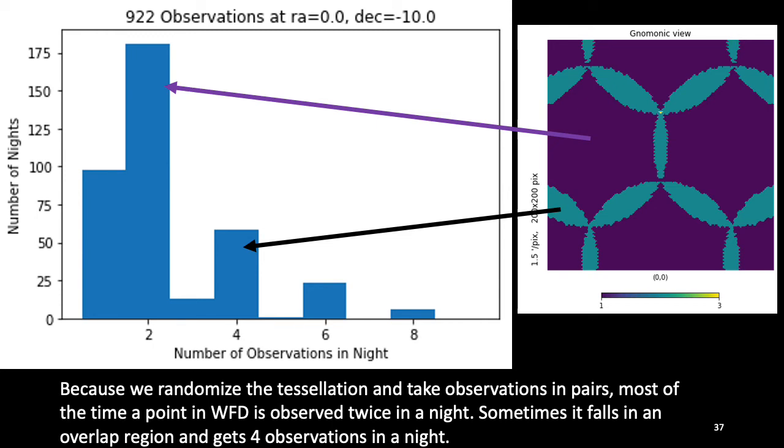Most of the time, it'll be in a purple region, in the central region, and we'll observe it twice because we're observing pairs. Sometimes it's in an overlap region, and so that overlap region gets paired, and that ends up being 4 observations. And sometimes it gets paired twice, and then it'll be 8 observations, and so on. And so here's the distribution of visits per night.